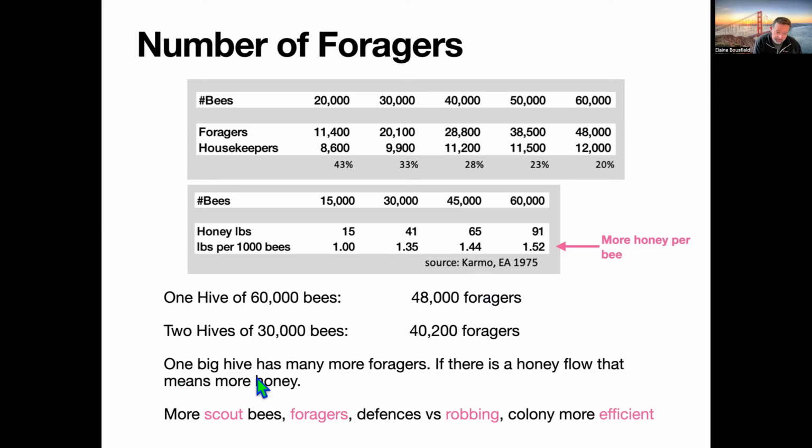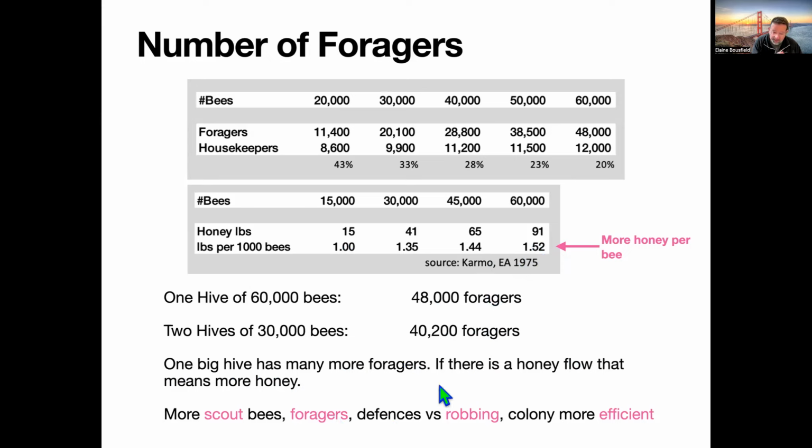So the one big hive has many more foragers than the two small. And in a honey flow, that does mean more honey. But not only have they got more foragers, they're making more per bee as well. So that's an extra boost there.